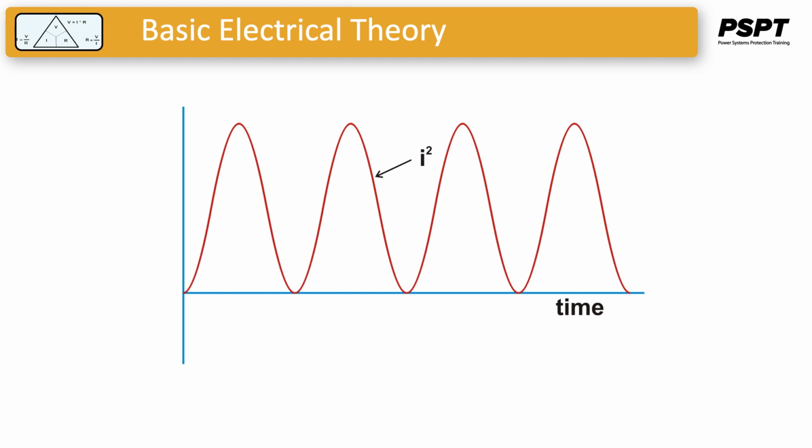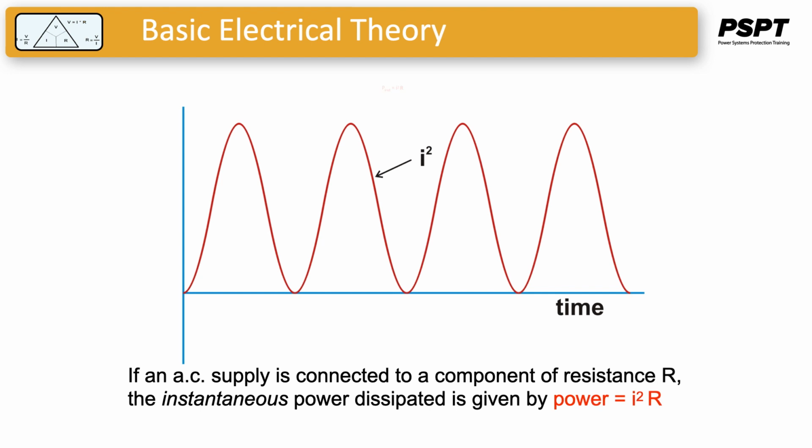It does go to zero, but never negative. Remember that the instantaneous power dissipated is given by the equation power equals I squared R.